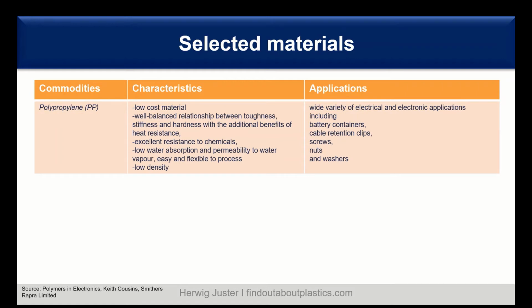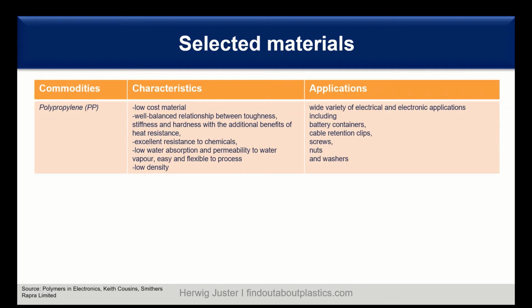Okay, let's continue with the selected materials. We start with the commodities, and here I've selected polypropylene because it's a well-known low-cost material. We have here a well-balanced relationship between toughness, stiffness and hardness, and also we have some heat resistance up to 100 degrees C. We have excellent resistance towards chemicals, low water absorption, and also low permeability to water vapor.